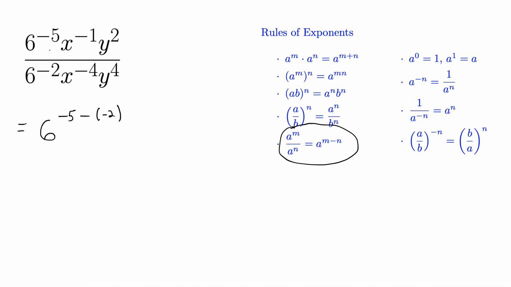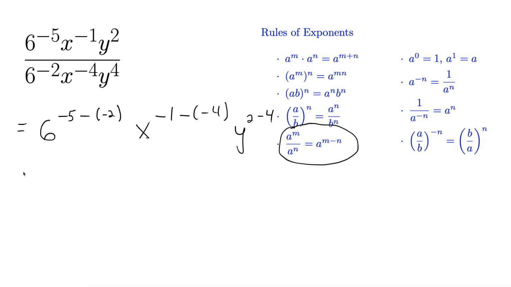I'm taking what's on the top and subtracting from it exactly what's on the bottom. We don't somehow ditch the negative sign. The negative sign is here on the top, so we keep it in. The negative sign is here on the bottom, so we keep it in. And then we subtract. All right, let's move on to the x's here. We have x to the negative 1 minus a negative 4. Okay, and then y to the 2 minus 4.